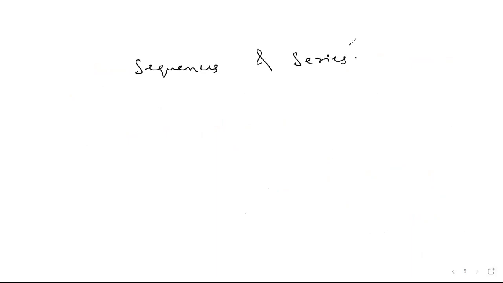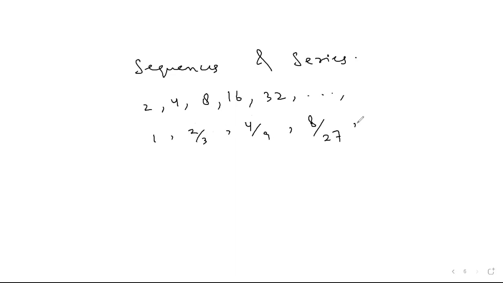Let me refresh your memory about the last lecture. 2, 4, 8, 16, 32, and so on; 1, 2 over 3, 4 over 9, 8 over 27, 16 over 81; similarly, a, ar, ar square, ar cube.